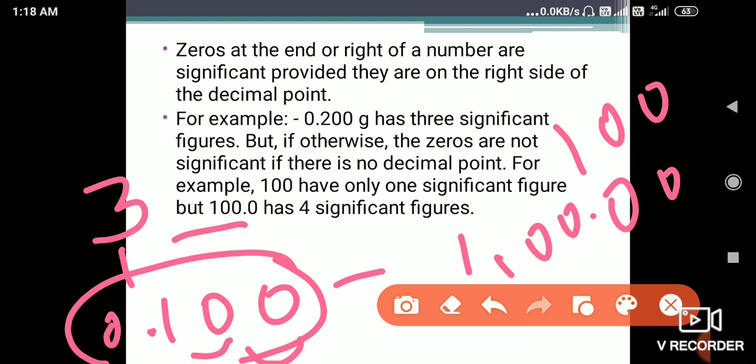But if you have to mention the significant figures, here it will be only 1 in this case, and here it will be counted 1, 2, 3, 4 and 5. So the significant figures become 5. There is a very minute difference, but be very clear about the rules.